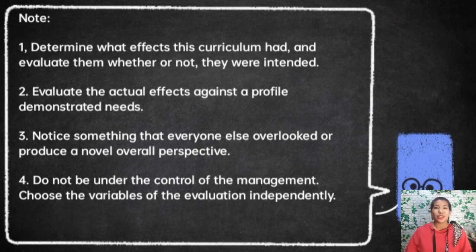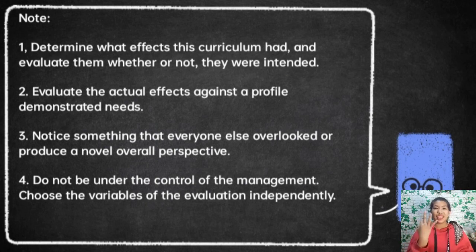Number two, evaluate the actual effects against a profile of demonstrated needs. In this one, the effects might be different for every student. That is why we also have to evaluate the actual effects that happened to the student, and the effects that we were expecting from the student.